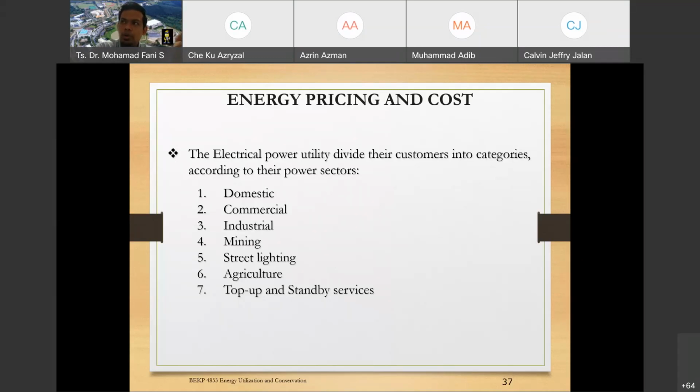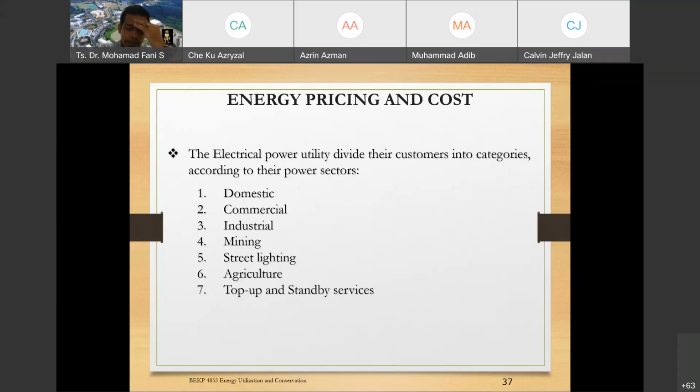Okay, for commercial, industrial, D and E. D is for low voltage, 415, and E1, E2 for the medium voltage, 11 and 33 kV, and E3 is high voltage, 132 and above. So we also have a special tariff for mining, street lighting tariff, agriculture, and top-up and standby service.